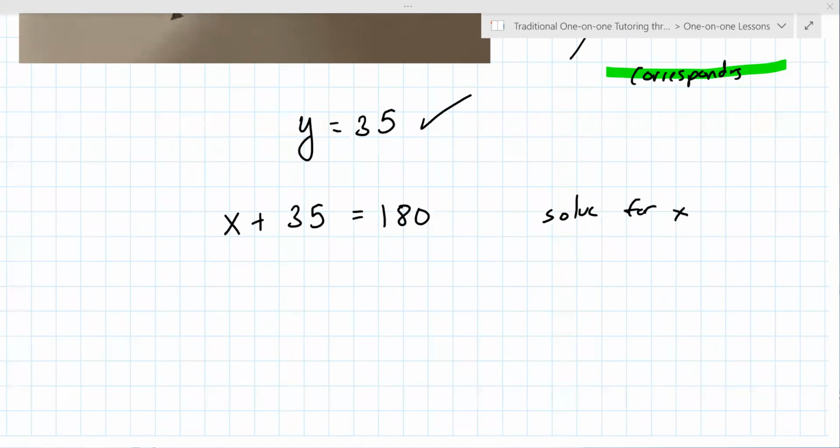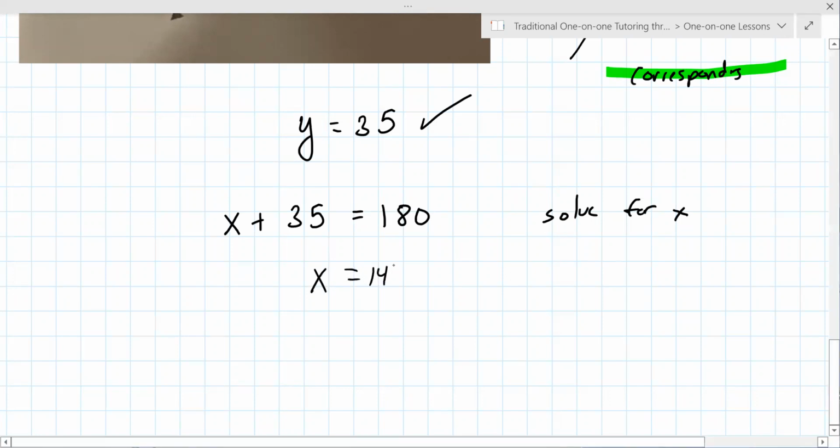X equals 145. Yeah, X is 145, and that's the final answer for X. There's no more work to do. That is completely it. Okay, so let's look at another problem here.